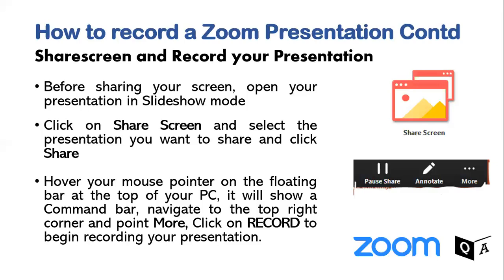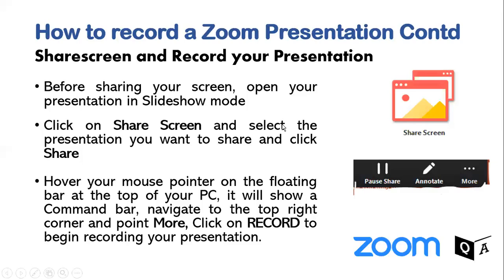At the far right of that menu is More. So you point on More. When you point on More, it will show a drop down with more commands. So you click on Record and you begin your recording.